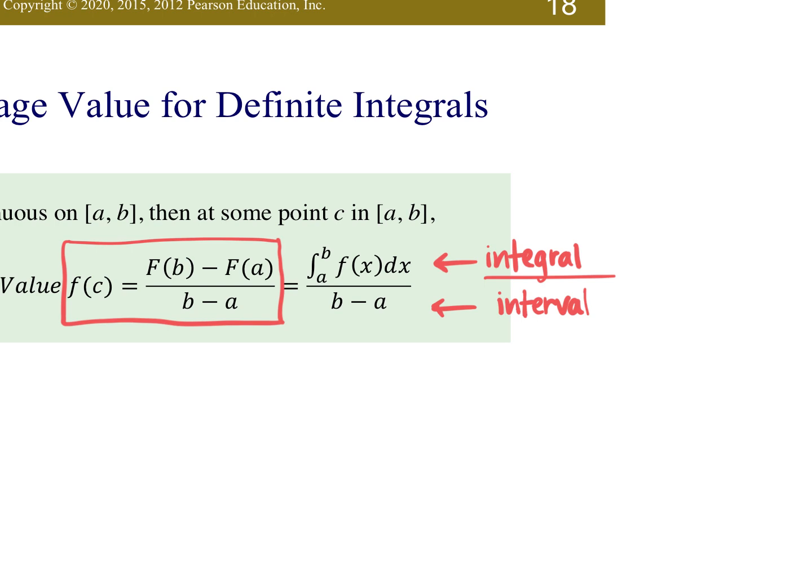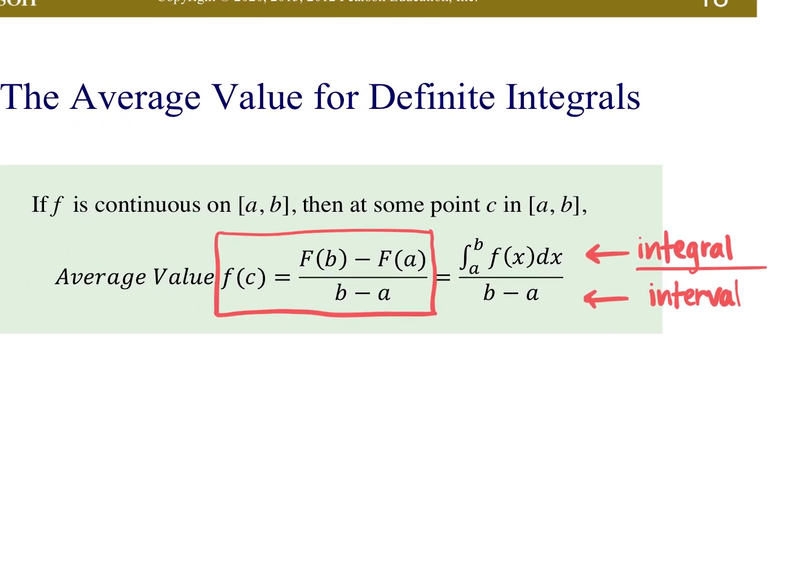And so you train your mind when you're asked for average value: oh, average value, integral over interval. I can do that. And every time you write that down, integral over interval, it points toward the FRQ, just for knowing that an average value is evaluated as the integral over the interval.